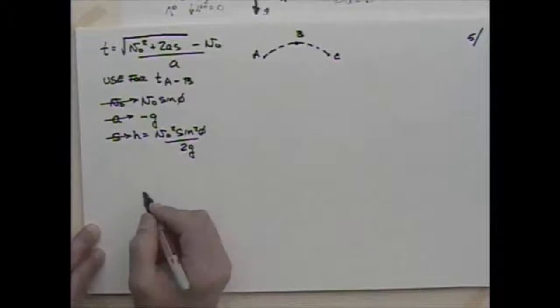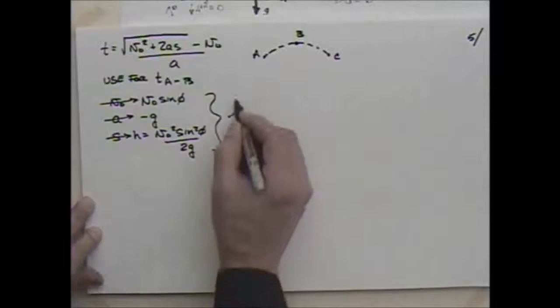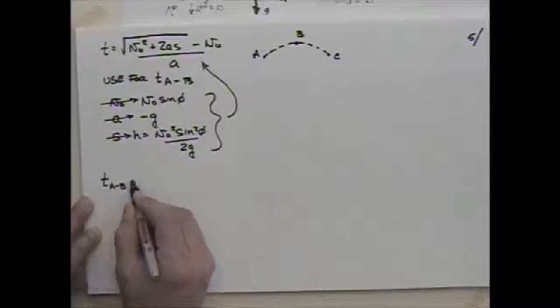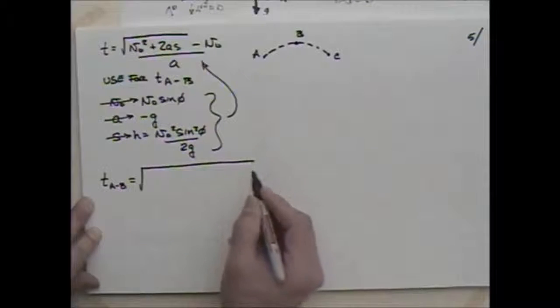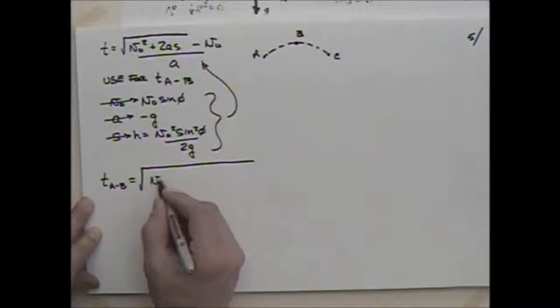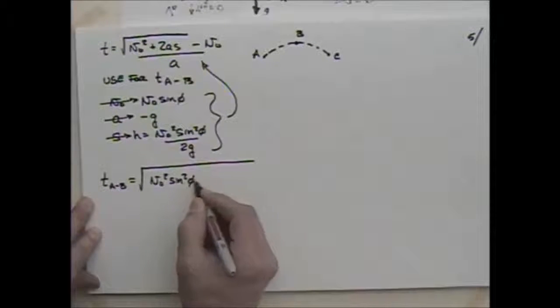Okay. So if I substitute these back into here, I'm going to come up with something that looks like this for time. This is time from A to B. It's going to be the square root. This is going to get ugly before we're done. Let's see. V naught squared sine squared phi.